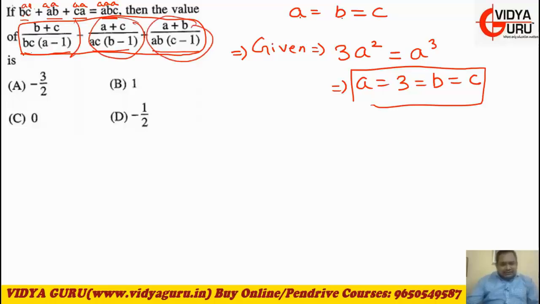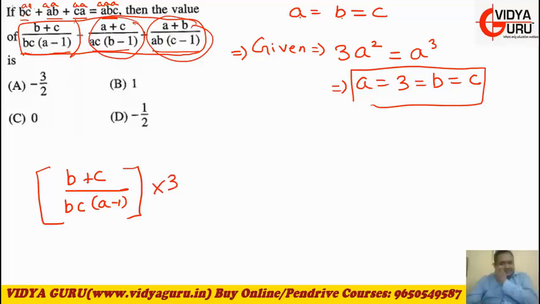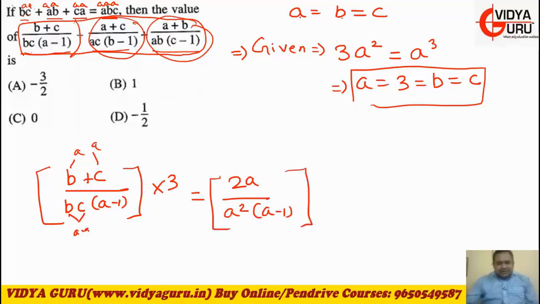So I would say that I have been asked to find B plus C by BC into A minus 1, 3 times, multiply this by 3. So now replace B and C with A. So I would say this is equal to A plus A, that means 2A divided by B into C is A into A square into A minus 1 into 3.